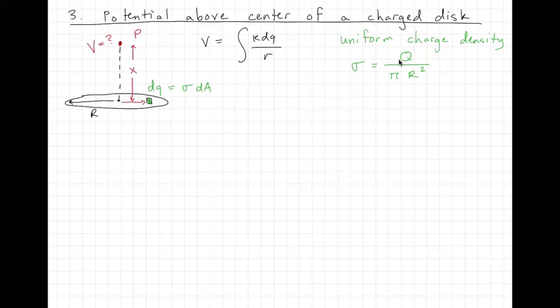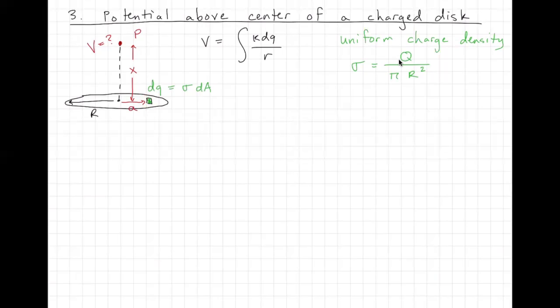little r. No, wait, what do I want to call this? Let me call that a, to distinguish it from little r, because little r means something specific in our calculation. That's a. So the arc length of this side right here will be a times d theta.